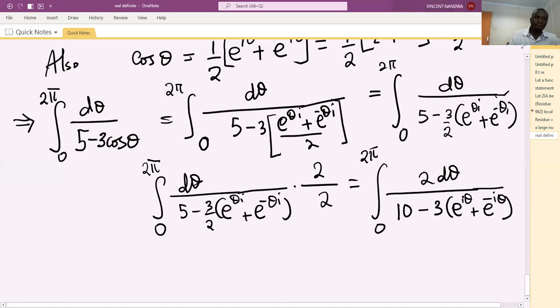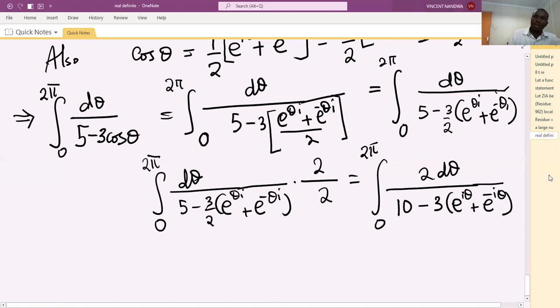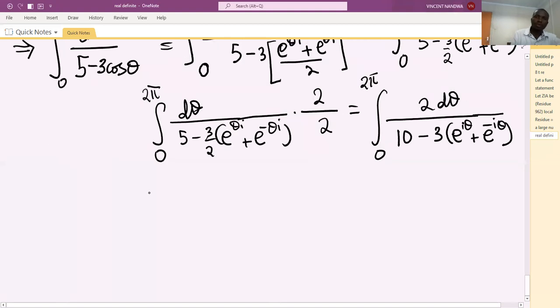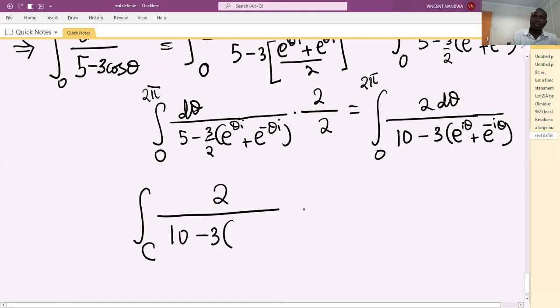So now this integral changes to the contour integral along C. I'll have 2, 10, and then minus 3, where there's e raised to the power i theta I put z, and where there's the other one, I put 1 over z. And then d theta is the same as dz over iz.